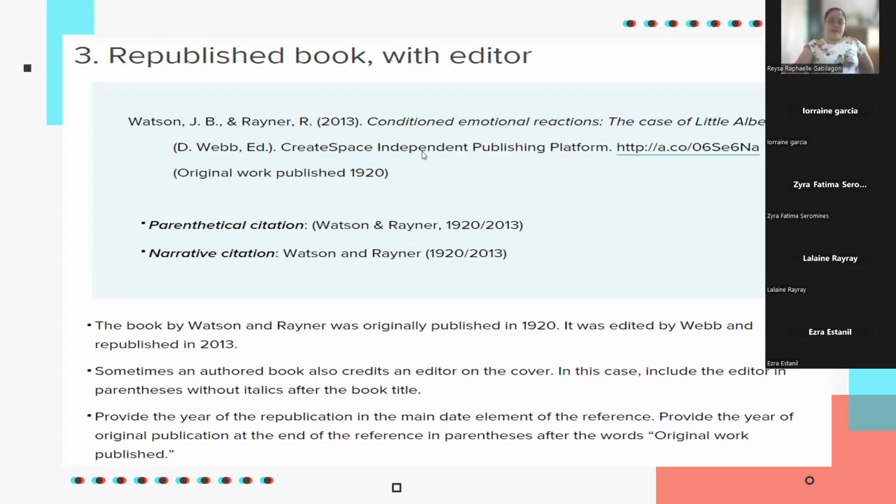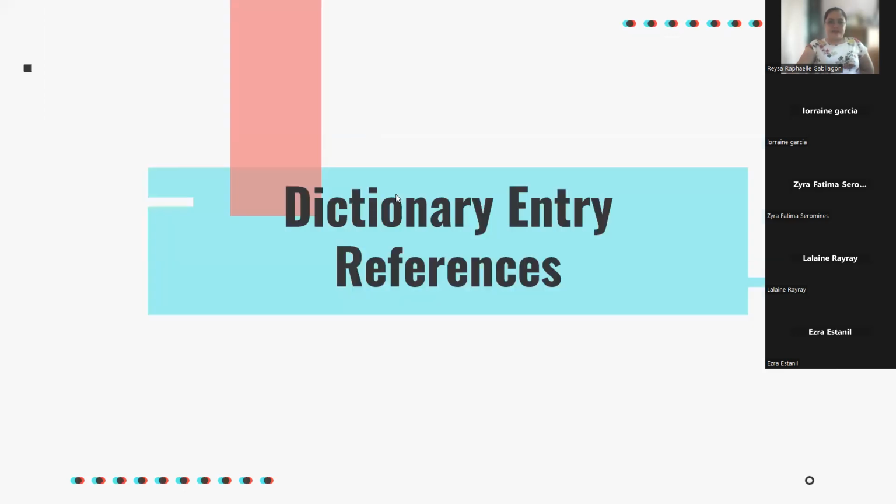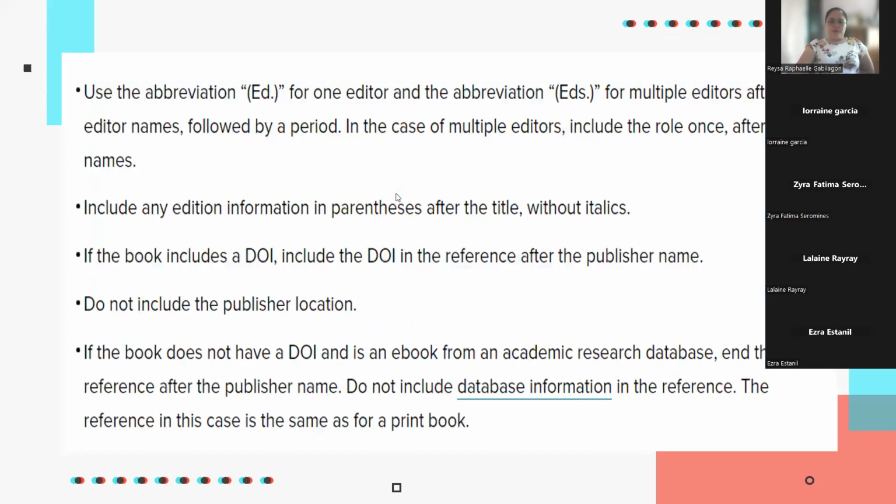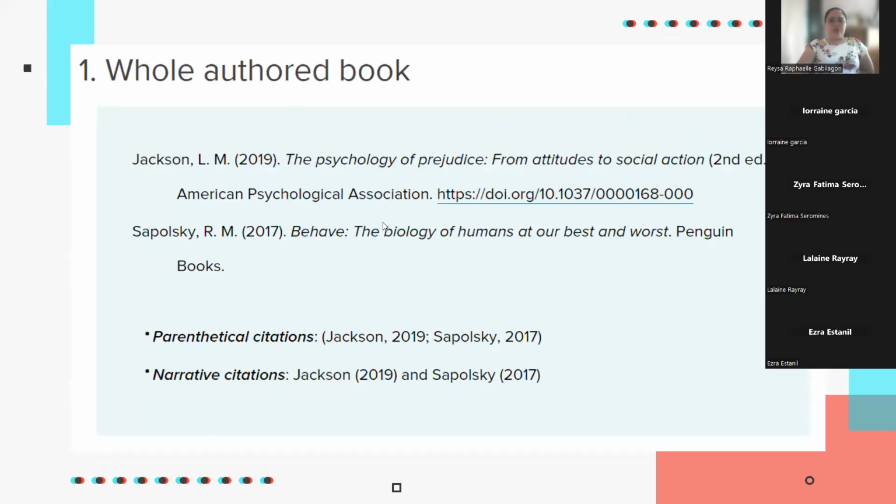And then the publisher, the name of the publisher, the DOI or the URL if the book is like published in the internet, and then you have to include an information of the original publication. You just write original work published 1920. Yan lang.